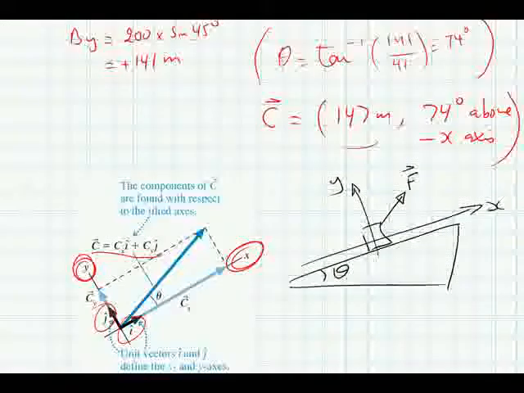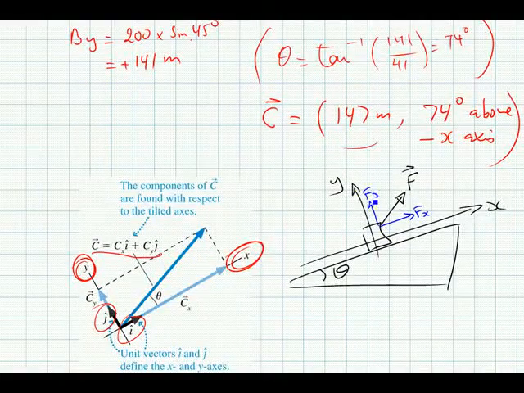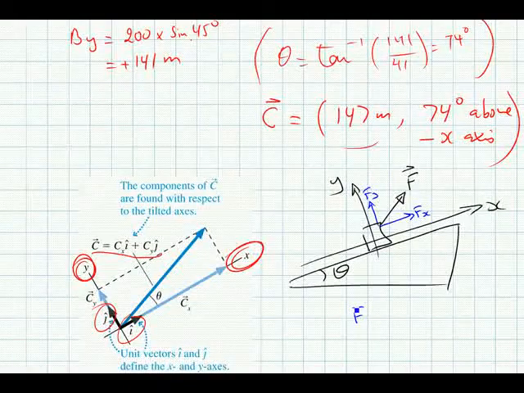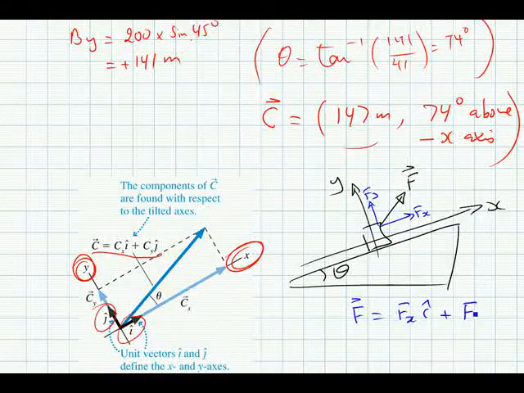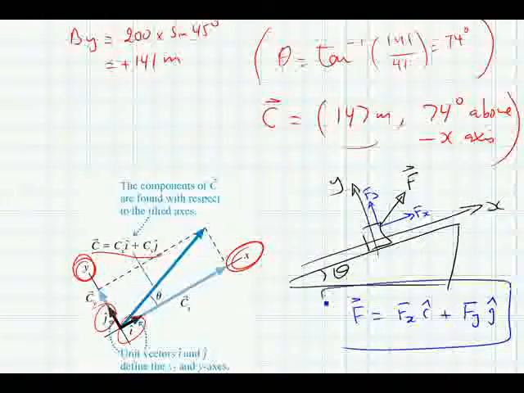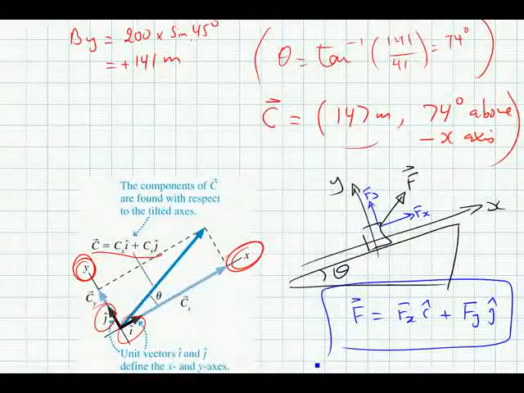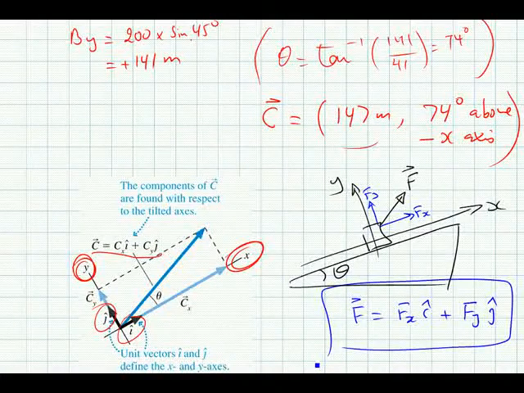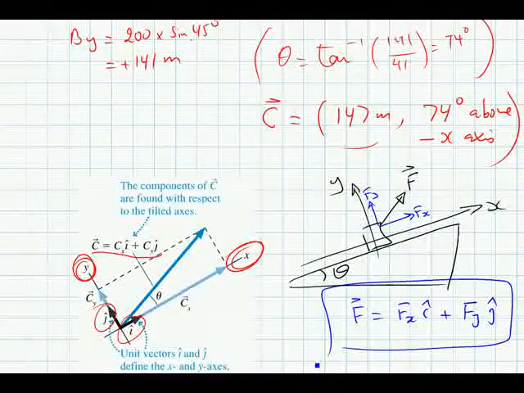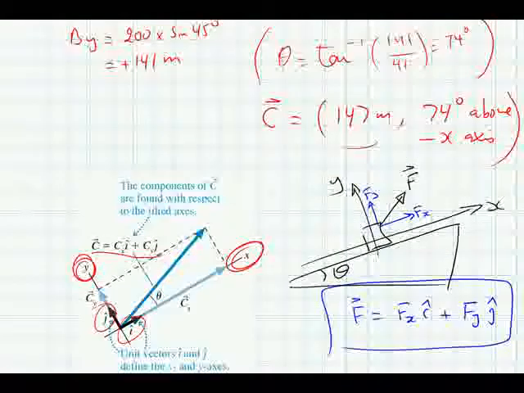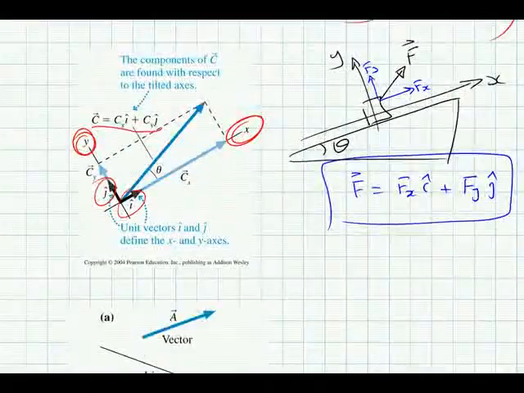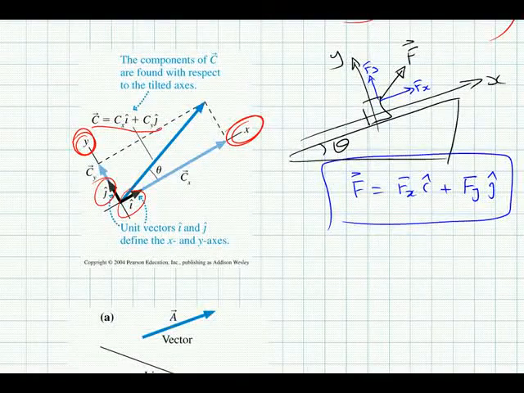So you can see that the force that we are applying has two components. There's fx and fy, and F then can be written as fxi plus fyj, these two components. Now, these two components are tilted, of course, with respect to the absolute horizontal and vertical, but it doesn't affect the ij notation, of course.